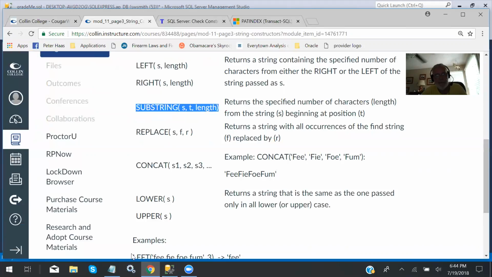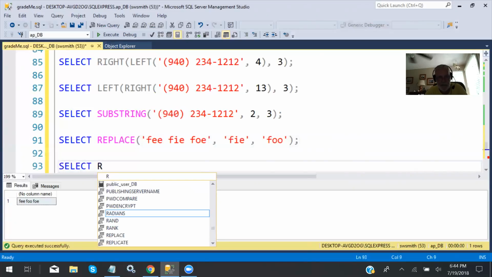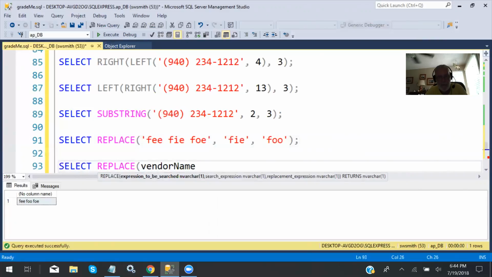Okay. Yeah, let me make an example. Select replace vendor name, and every place you find an S, I want you to replace it with XXX.